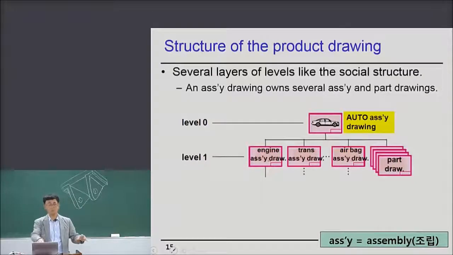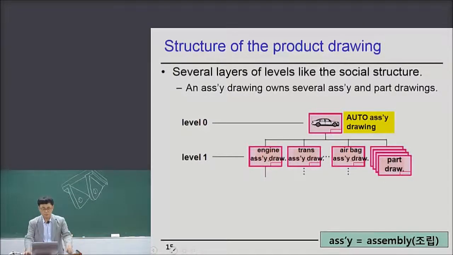And according to the part drawing of level 1, maybe the car body part drawing, the car body is here, and according to the other part drawings you have many parts, and many units are in front of you.